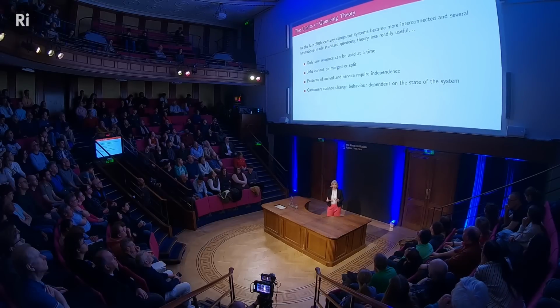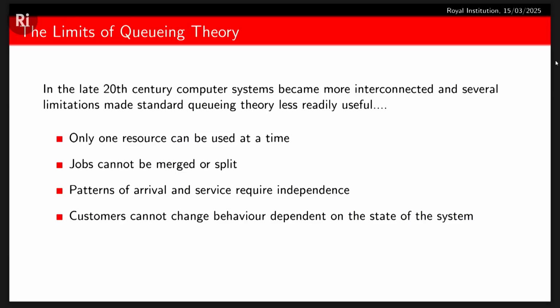But then in the 80s, what happened was that we started to have the internet much more. And so our systems became much more interconnected. So, for example, you might think nowadays you're using a web application. Let's say you want to book a holiday.